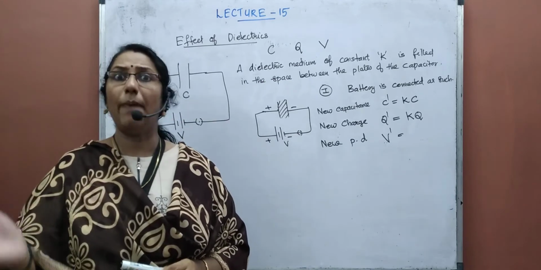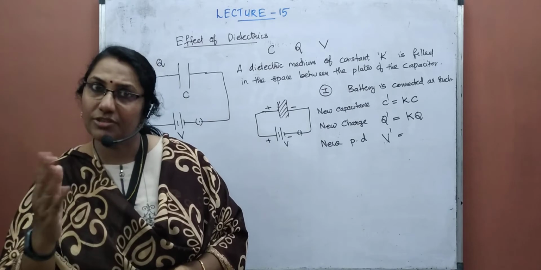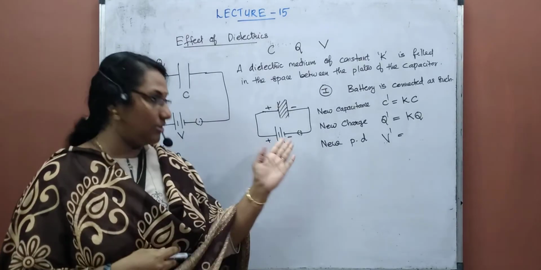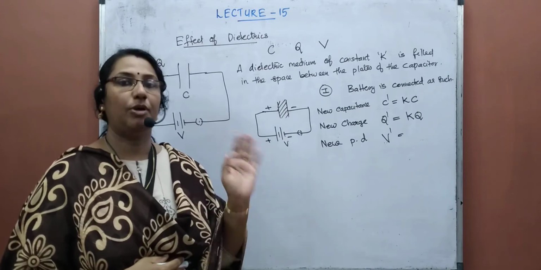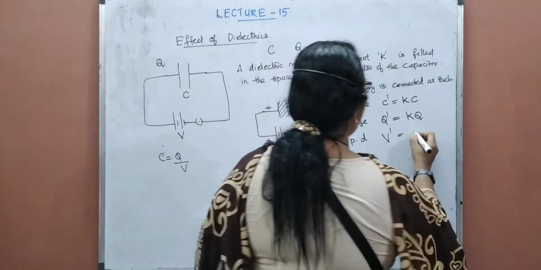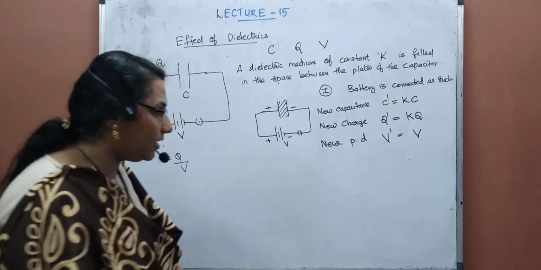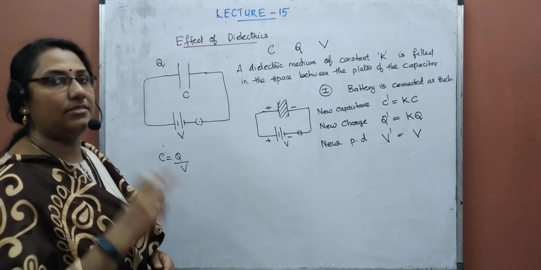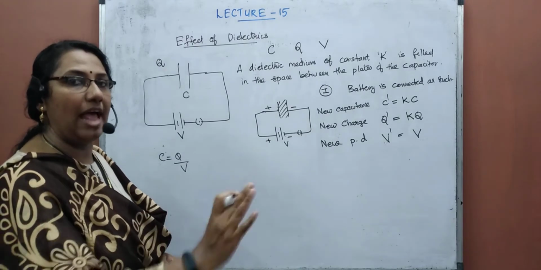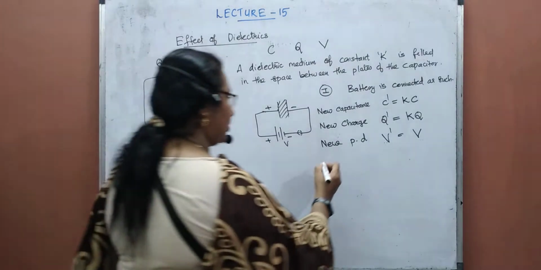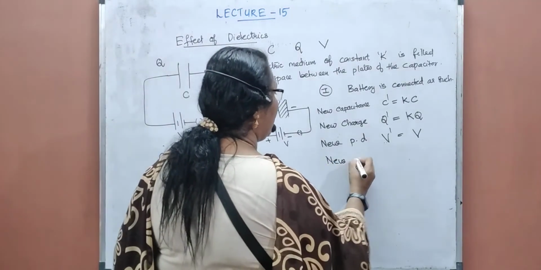You have not removed that battery and connected a new battery to change the potential difference. No, the potential difference remains the same because the battery is the same. So it is V itself. Clear? The potential difference was provided by the external agent, which remains as such. So no change in the potential. If there is no potential change, what about the new electric field?